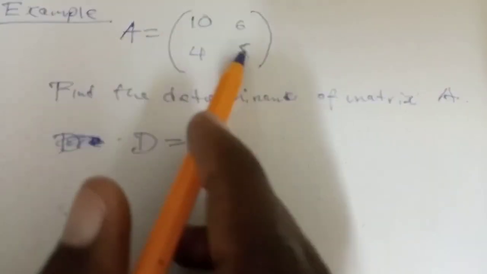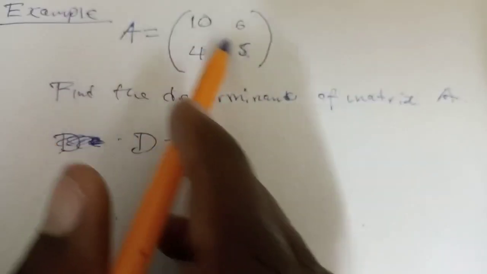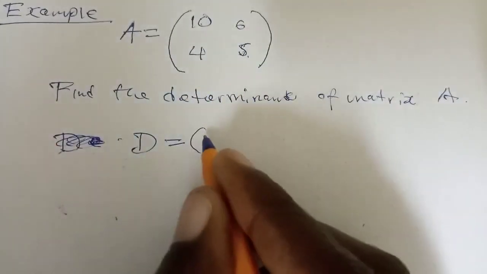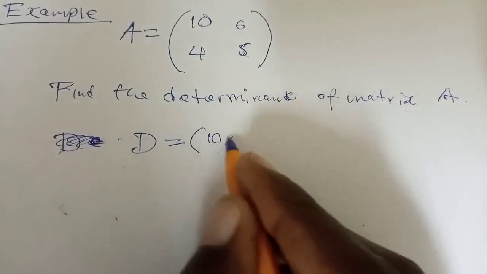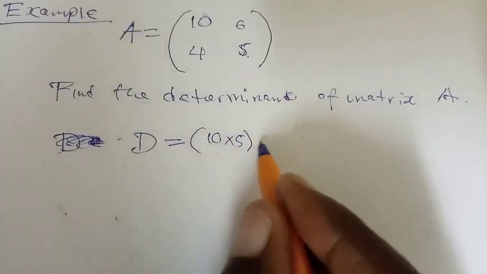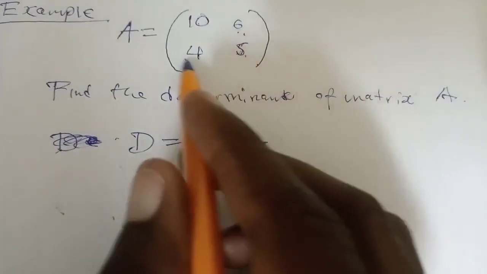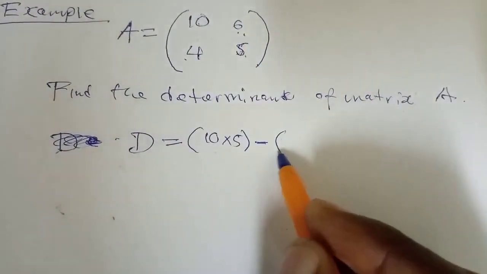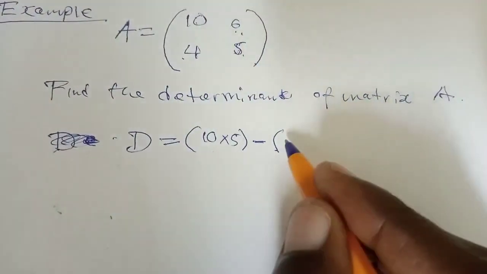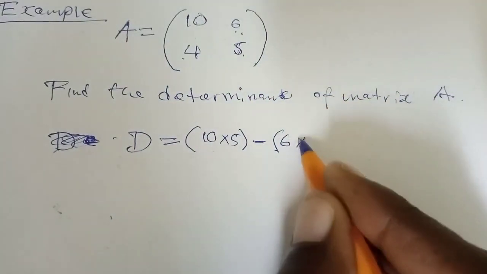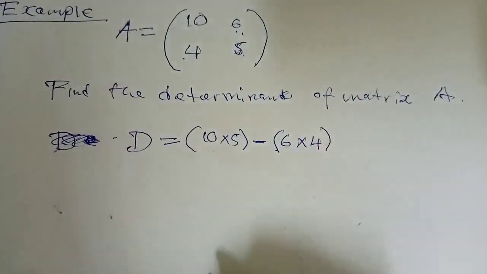We multiply 10 times 5, minus 6 times 4. Make sure that you put the brackets so that they don't confuse you.